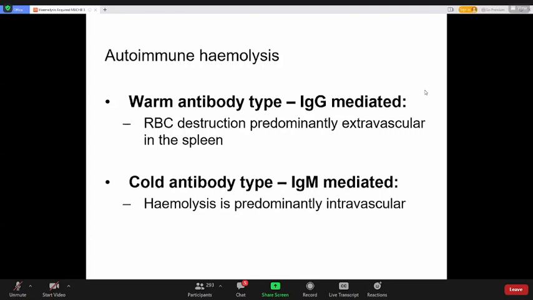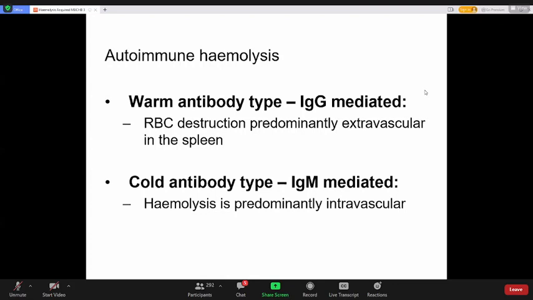So you'll find warm antibody types act best, or are of high avidity, at warm temperatures, like body temperature at around 37 degrees. So in the laboratory, if we suspect that a patient has a warm antibody hemolysis, we're going to try and detect that antibody at 37 degrees, all right?